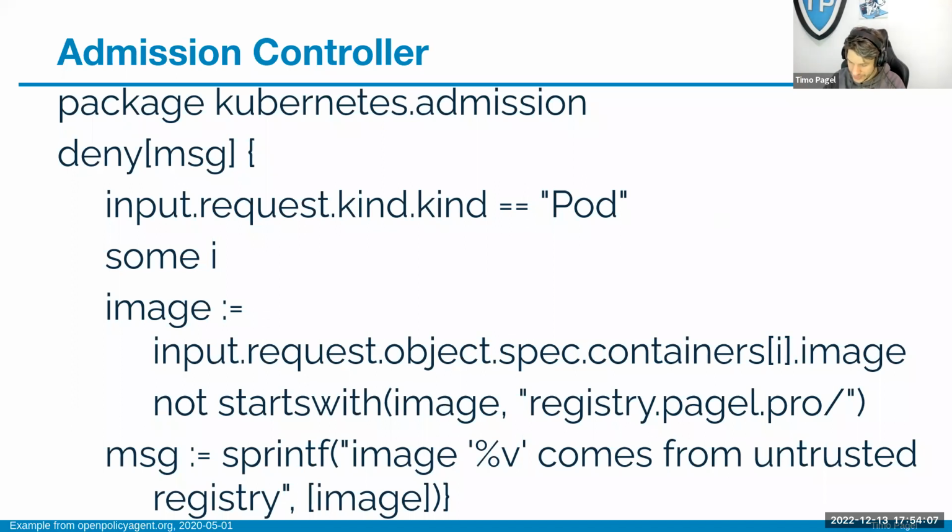Like secrets or deployments or all the other things. But here it only applies to Pod. And in case the image is in input request object specification containers, one of them, and the image doesn't start with the trusted registry, then it gets denied with the message: the image, whatever it is, comes from an untrusted registry, and then the image name is shown.